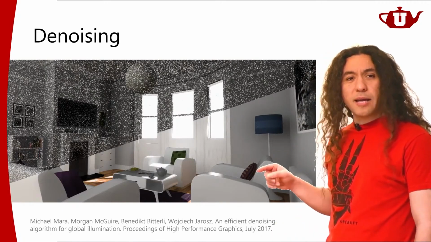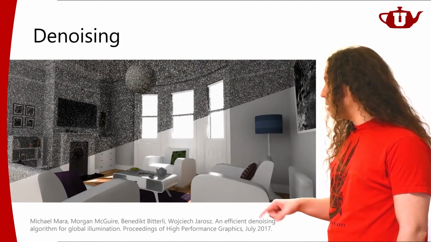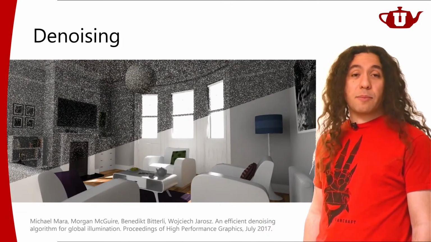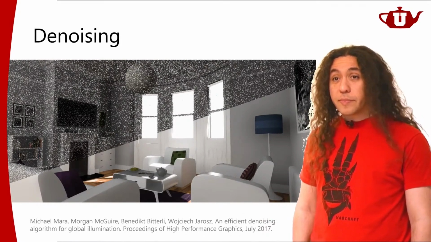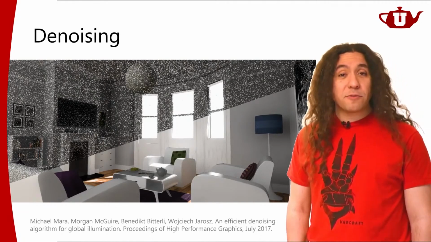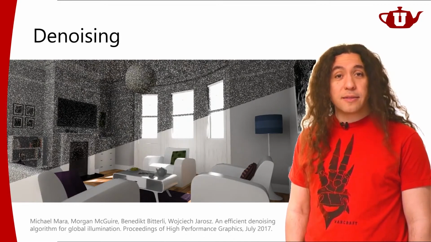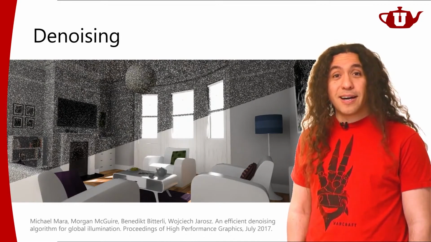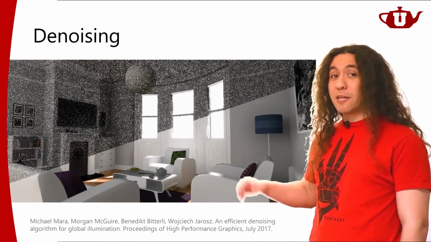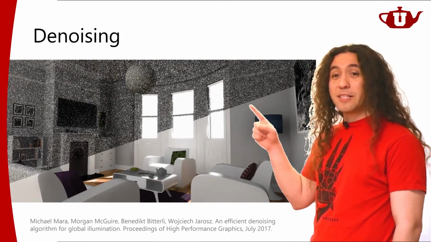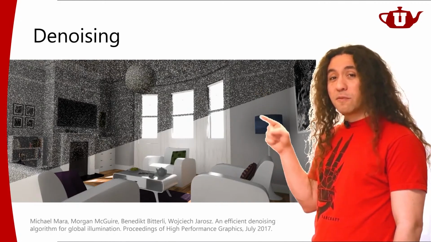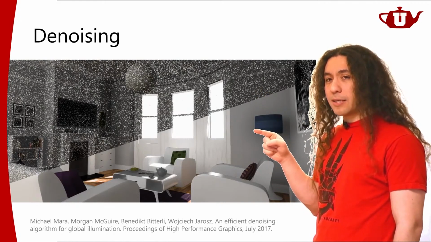I don't believe this particular method is using deep learning, but there are deep learning based denoisers as well. The only reason why we can have path tracers working today for real-time interactive rendering is because we have this magic, because we can take an image that looks awful like this and convert it to something that looks like this.